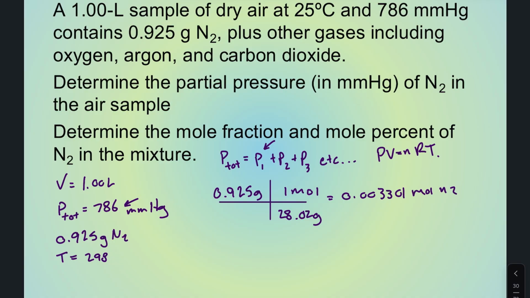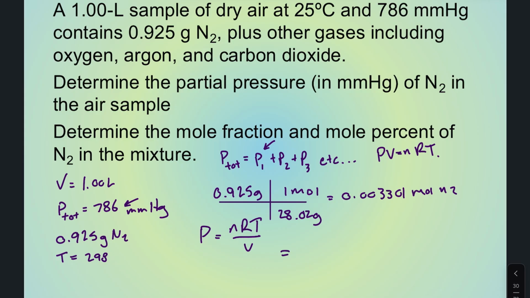Now we'll rearrange PV equals nRT so we can solve for the pressure due just to nitrogen. So PV equals nRT, we'll isolate P and we get nRT divided by V equals P, and then we'll just plug things in.